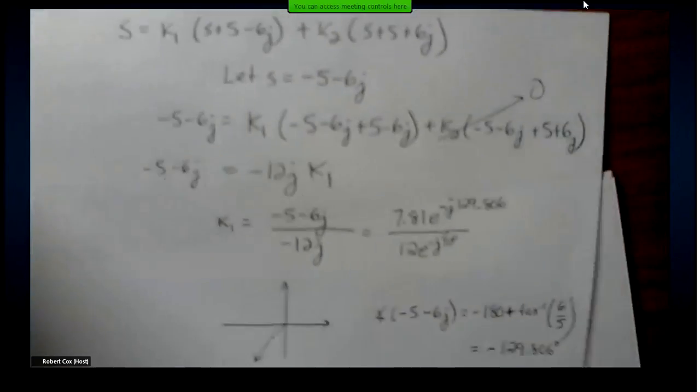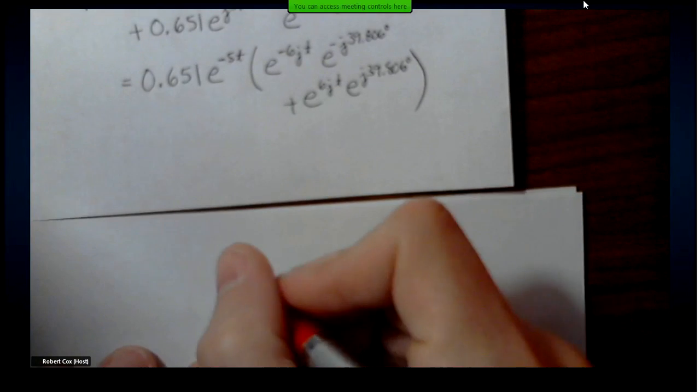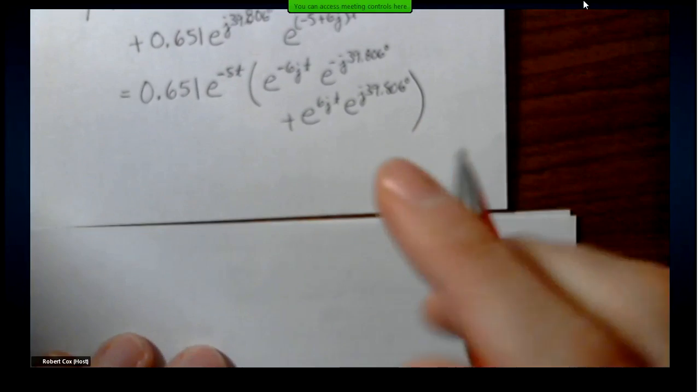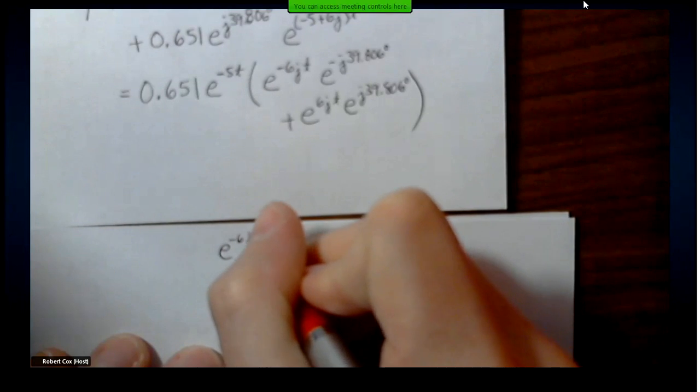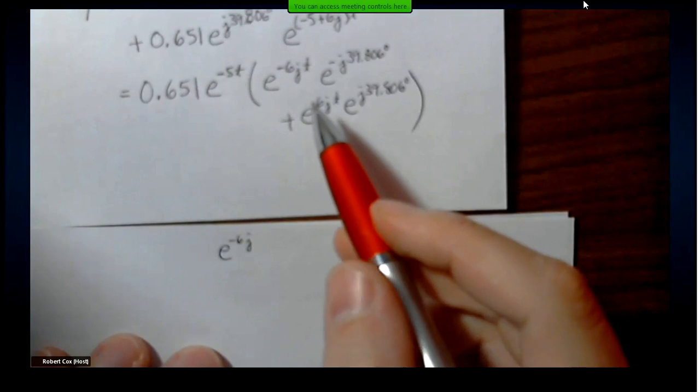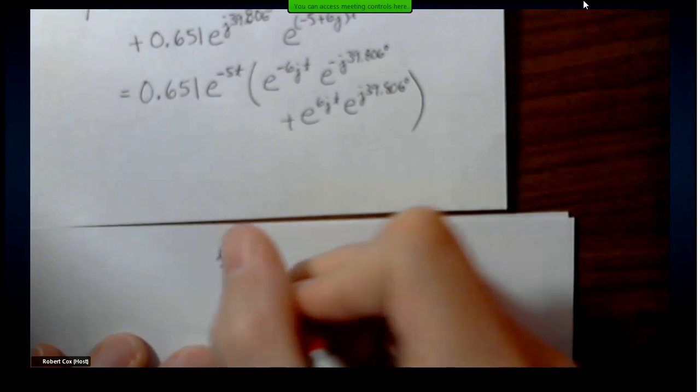Okay. Let's use Euler's identity on this thing. First of all, before I even use Euler's identity, I can combine these into one term, right? Let me do it this way.